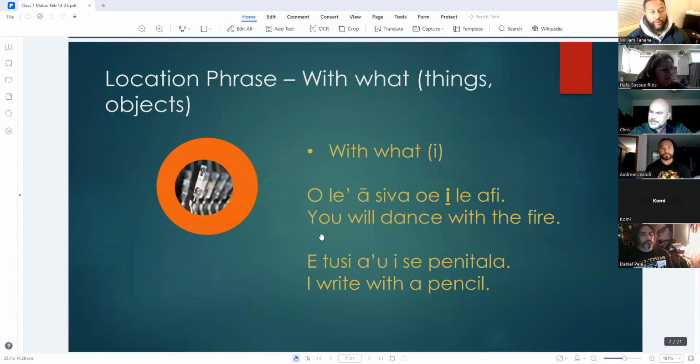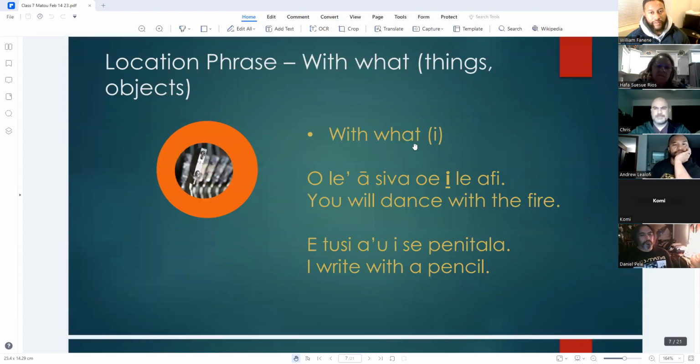Okay, so if you were to do something like you will dance with the fire, the preposition for something like that is, I heard someone say instrumentality, like you're using an instrument to do something with. So ole a siva oe ile afi. So you will dance with the fire.